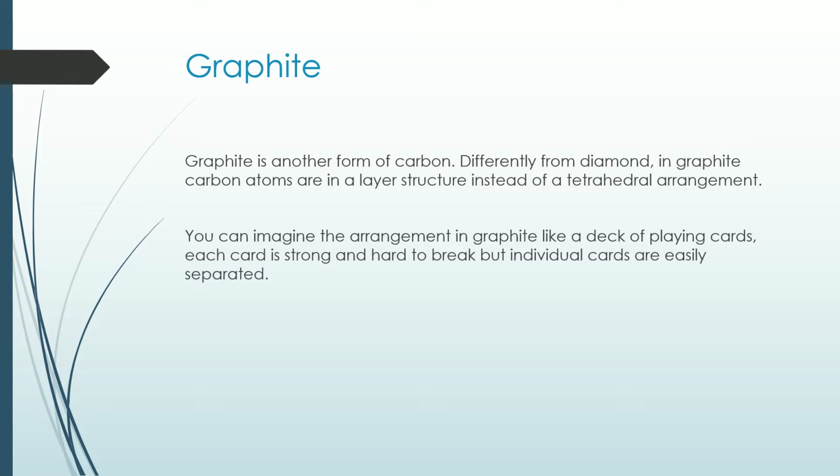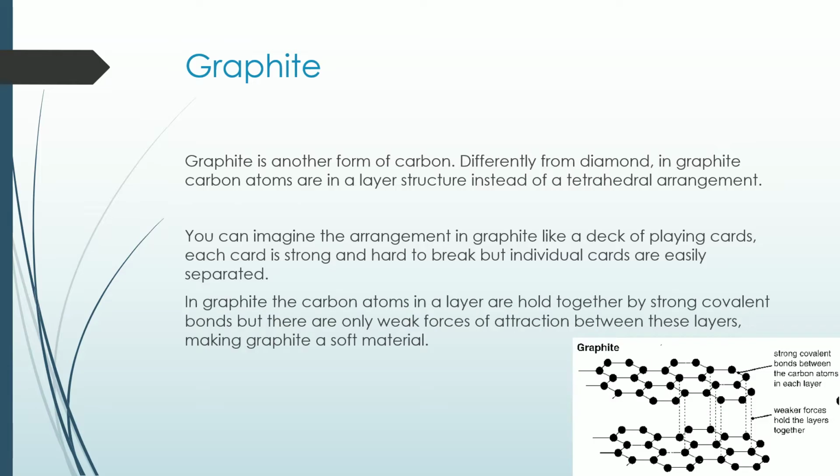So a recap of what I told you. In graphite, the carbon atoms in a layer are held together by strong covalent bonds, but there are only weak forces of attraction between these layers. This makes graphite a soft material, because the layers can separate easily. Graphite is most commonly found in your pencils.